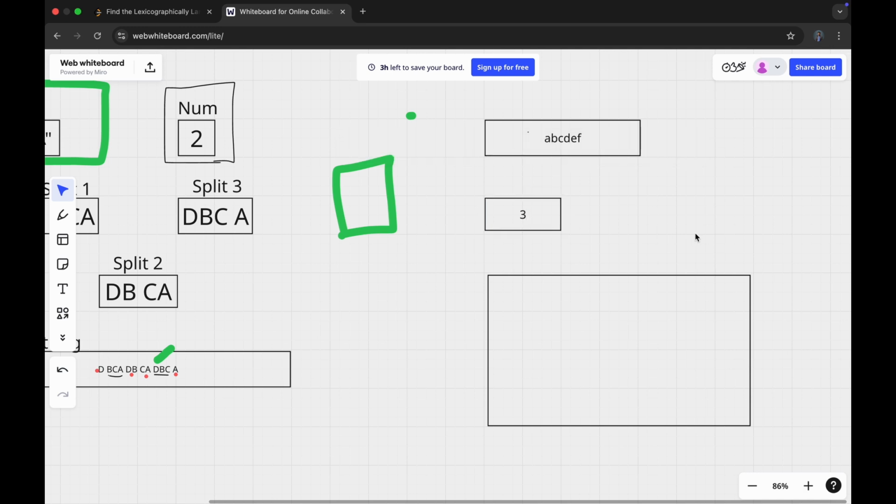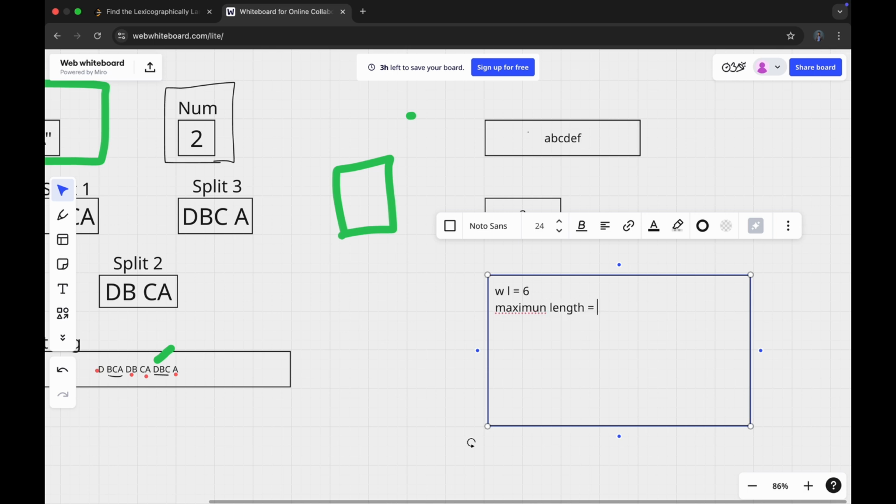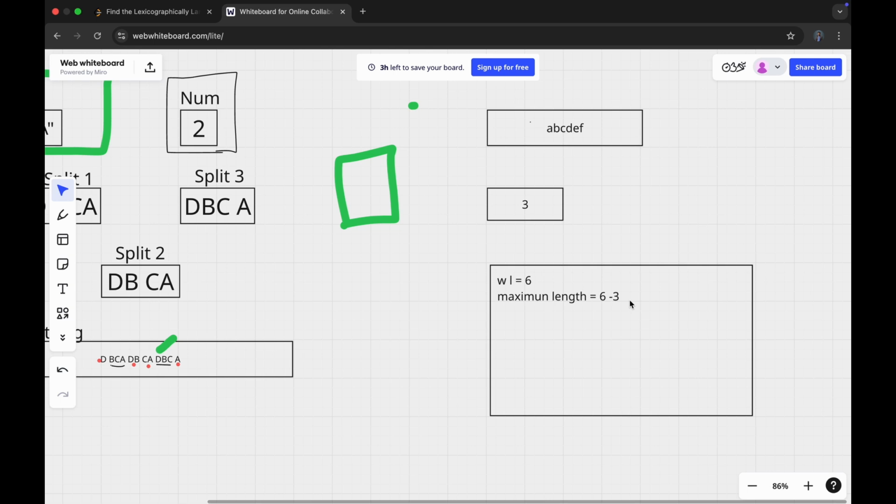Now the word length WL is 6. What is the maximum length? The split length is 6 minus 3, then plus 1, so it will give us 4.